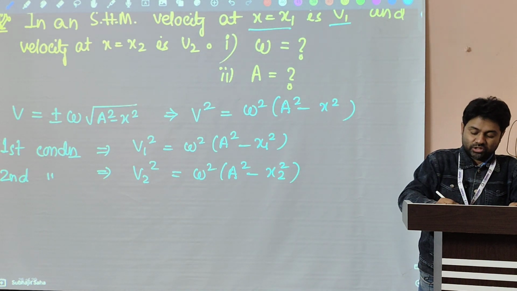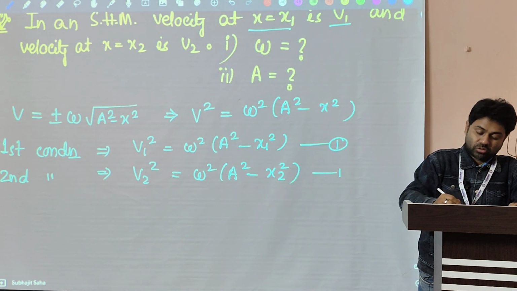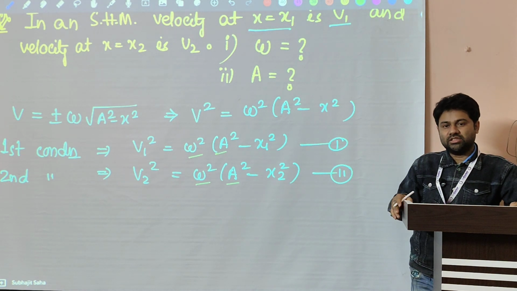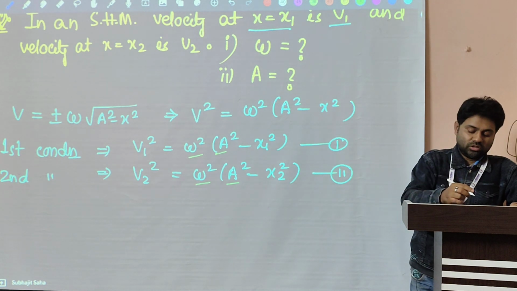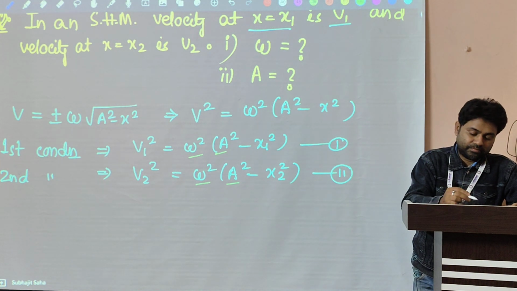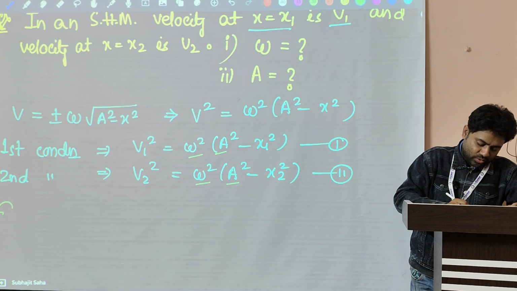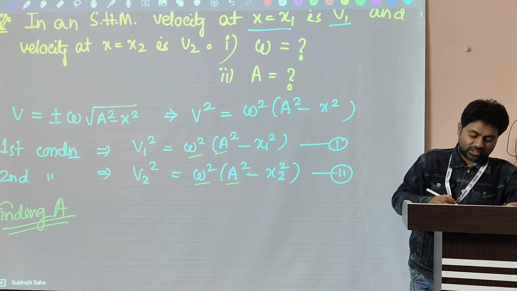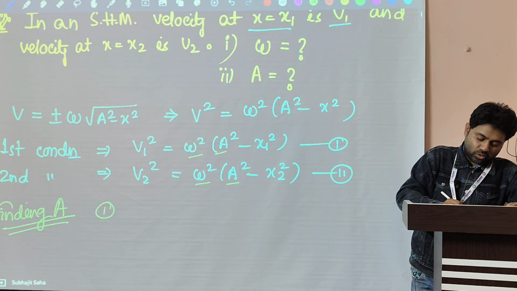So we have two equations, we have two unknowns, omega and a. By solving this we can easily find them. Let's first find a, amplitude. For this we will divide the equations by each other, like 1 divided by 2.